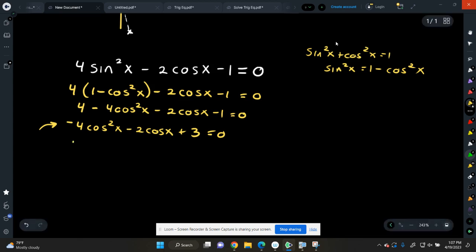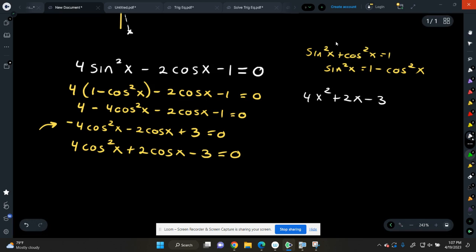That's fine. It's the same thing. Okay. So, does this factor, 4x squared plus 2x minus 3 equals 0? That does not factor. How do you solve a quadratic equation that doesn't factor?